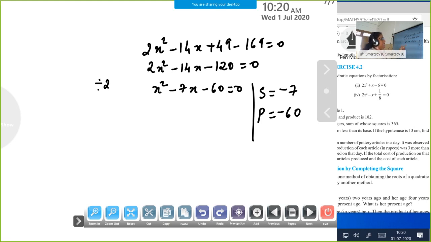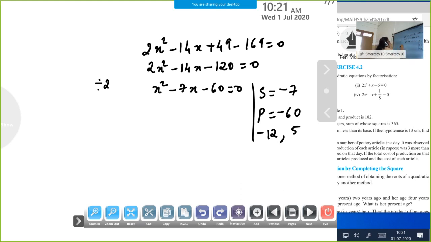The sum is negative, which means the greater number is negative. This is minus 12 and 5. That is minus 12 plus 5 is minus 7, and minus 12 into 5 is minus 60.